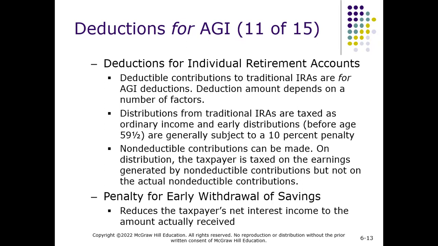So the taxpayer will still put the interest income on their tax return, but then they get to deduct the amount that was penalized or they never received because they took the money out early. And that will be reported on line 17 of the Schedule 1. So it's kind of like a wash usually.